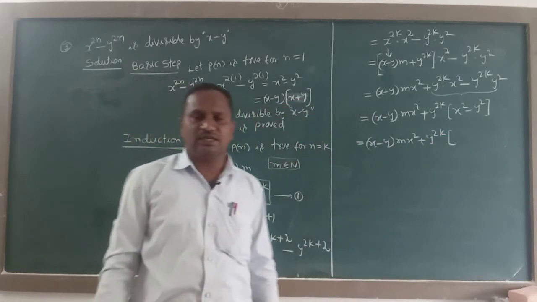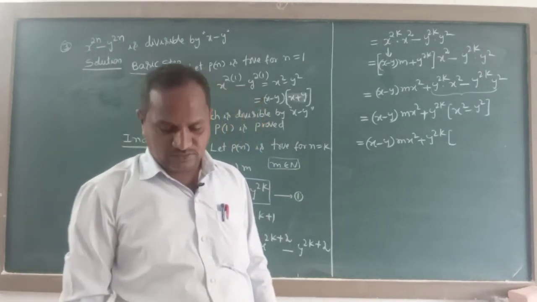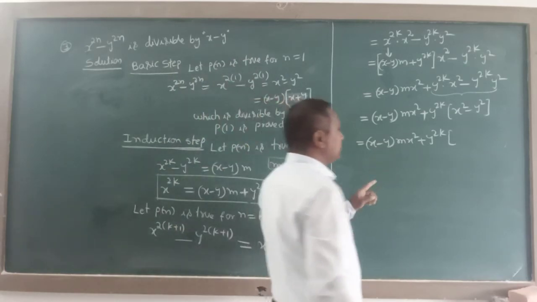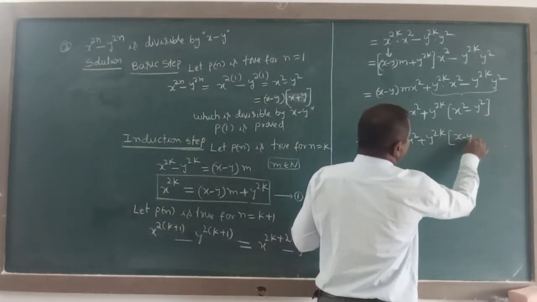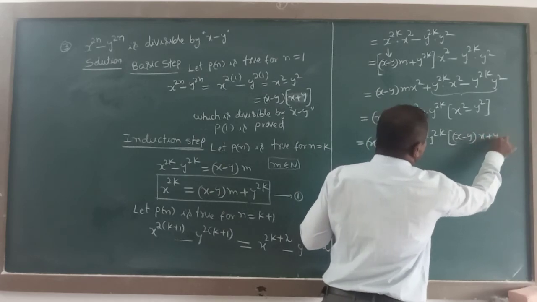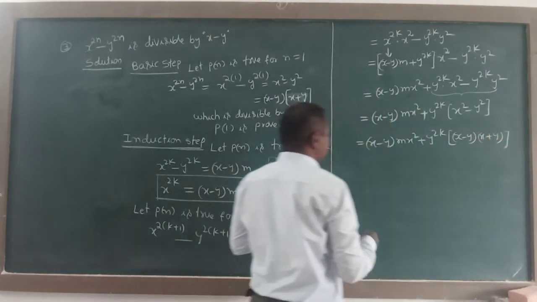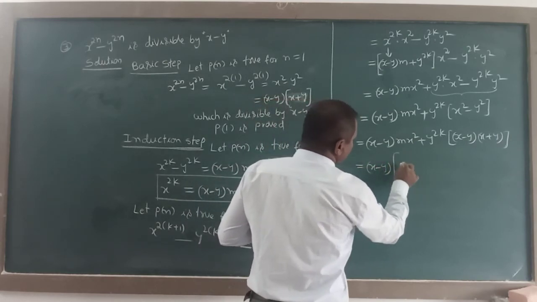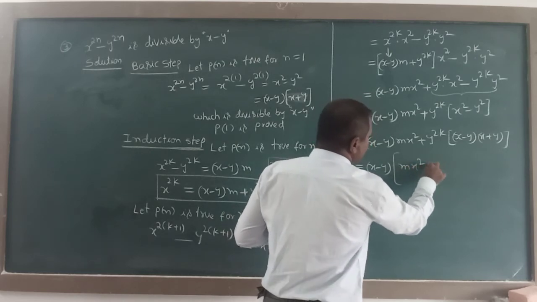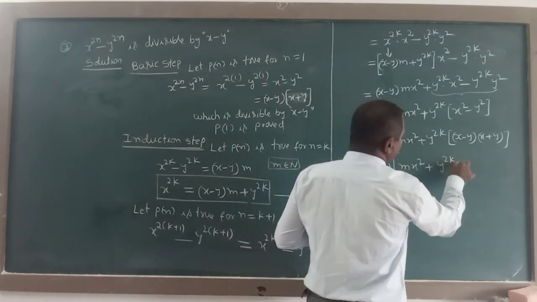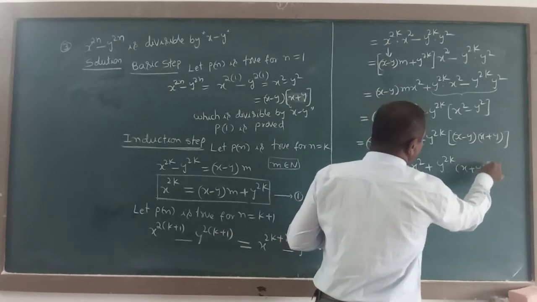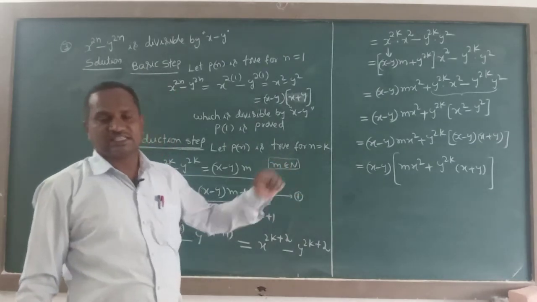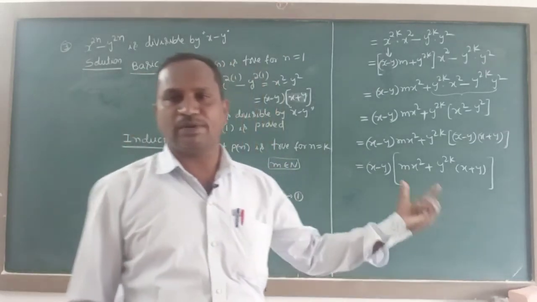The bracket is in the form of a square minus b square formula. A square minus b square means what can we write? A minus b into a plus b. According to that, we can write x minus y into x plus y. Now what is common here? X minus y is common. Then we get x minus y into mx square plus y power 2k into x plus y, which is divisible by x minus y, because x minus y has a product with the bracket term.